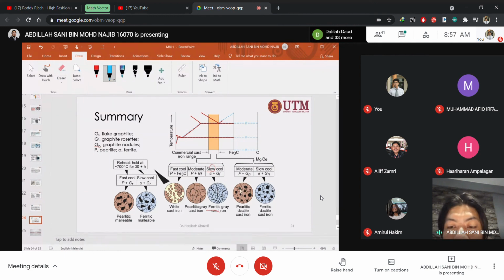And if the cooling is slow enough, the remaining carbon from the austenite will get together and combine with the graphite, and the remaining will be only ferrite.